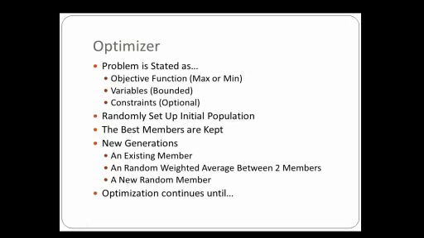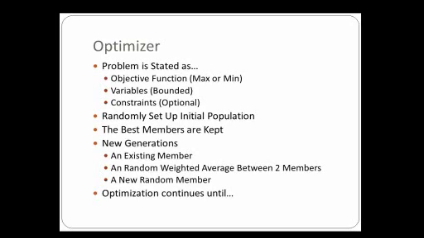Let me go through how it works real quick as we're running close to out of time. With this optimizer, the problem is stated as having an objective function with either a min or max value. We have variables that are bounded. We have to give those variables a minimum number and a maximum number. The constraints would be optional. We would not have to put constraints in there necessarily, but we could. It would randomly set up the initial population.